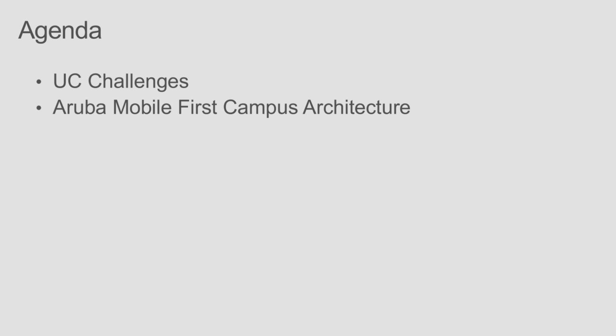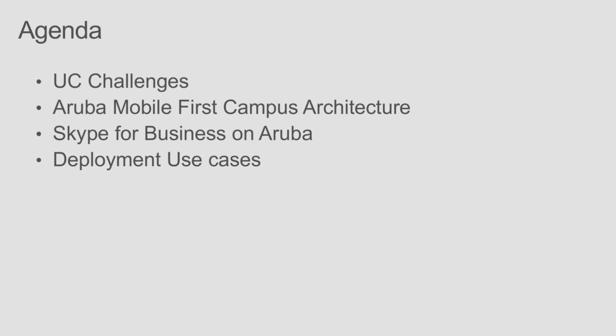I'll go over some of the UC challenges, the different network components or segments, and the different challenges. Then I will talk about Aruba's campus architecture, primarily the headquarters, the branch deployments, and typical Skype for Business deployments, and then how we intercept the Skype for Business traffic and prioritize voice, video, desktop sharing, file transfer, and other kinds of Skype for Business traffic.